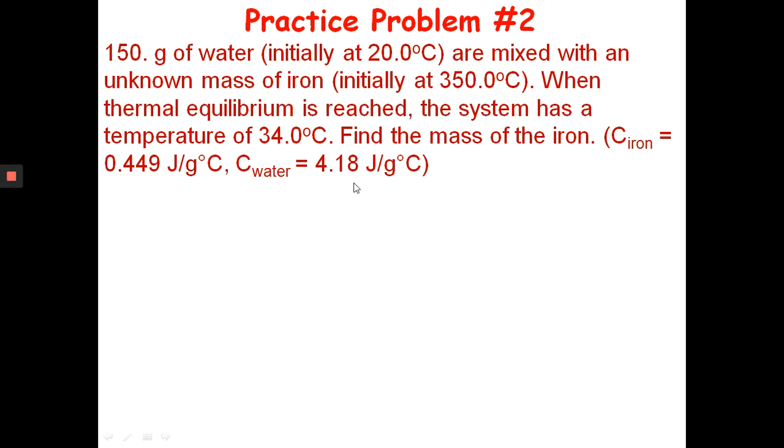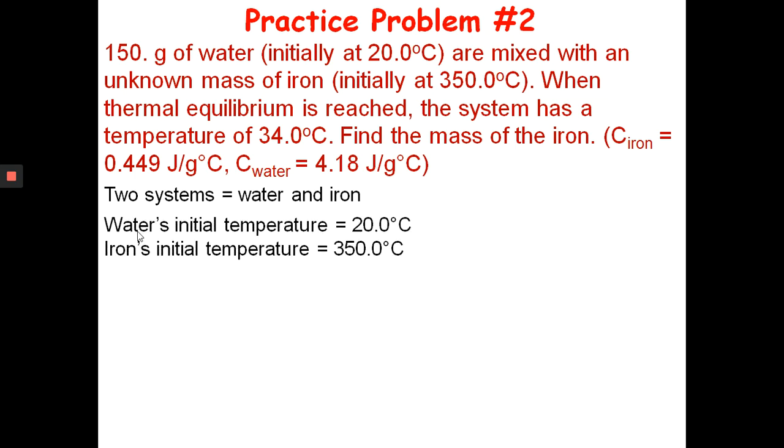Now this is a problem where you have two different systems that are exchanging heat energy. You have water and you have the iron. Water's initial temperature is 20.0 Celsius, while the iron's initial temperature is 350.0 Celsius.